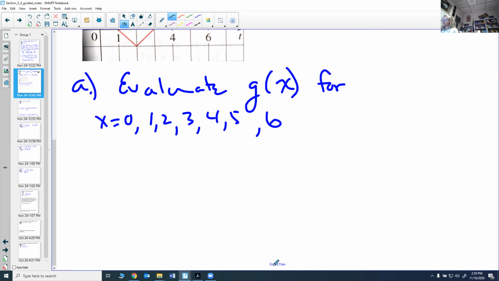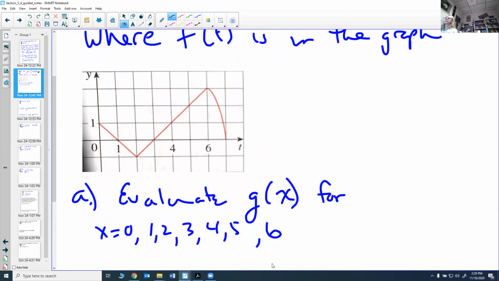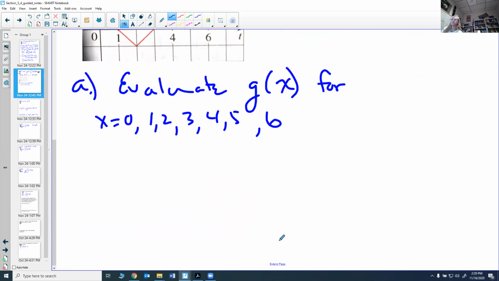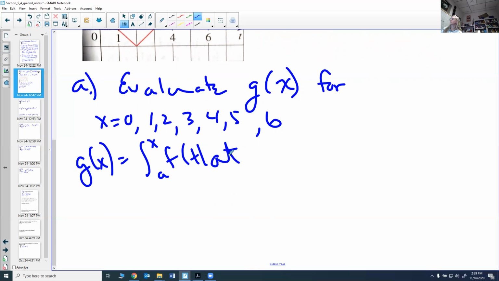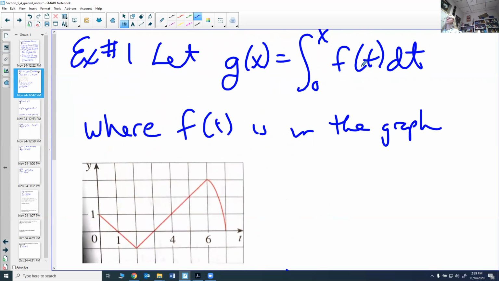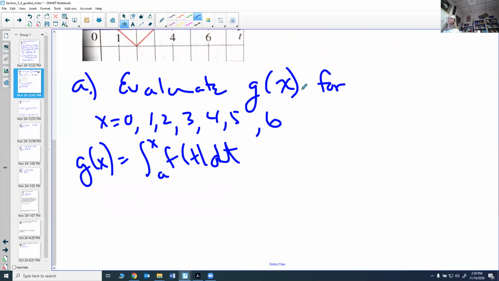So what we would do is remember that g of x is the integral from a to x of f of t dt. So that's what it is. If we want g of 0, oh wait, I'm sorry.